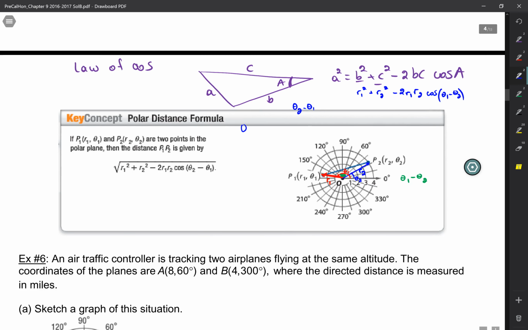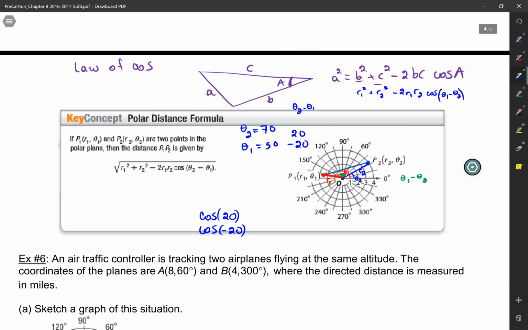Okay, so suppose theta 2 was 70, theta 1 was 50. What's 70 minus 50? 20. What's 50 minus 70? Negative 20. So what if I had cosine of 20 versus cosine of negative 20? Nothing. Because it's a cosine, it makes no difference.